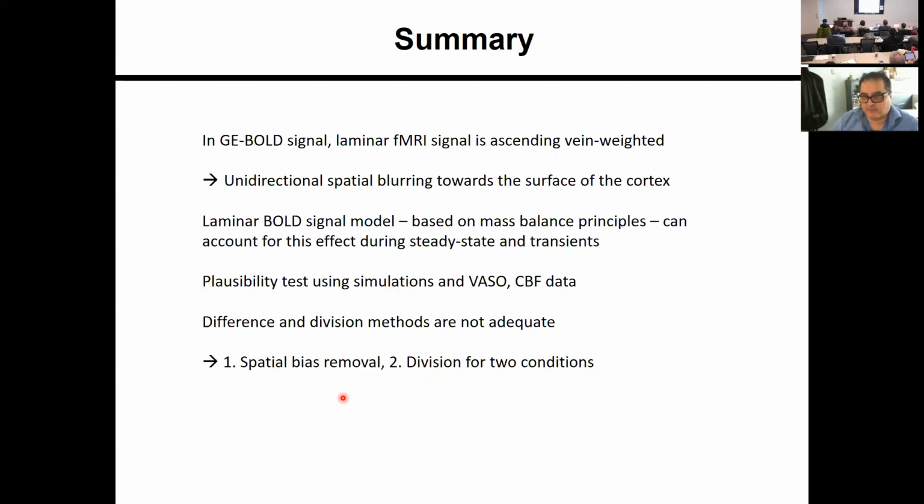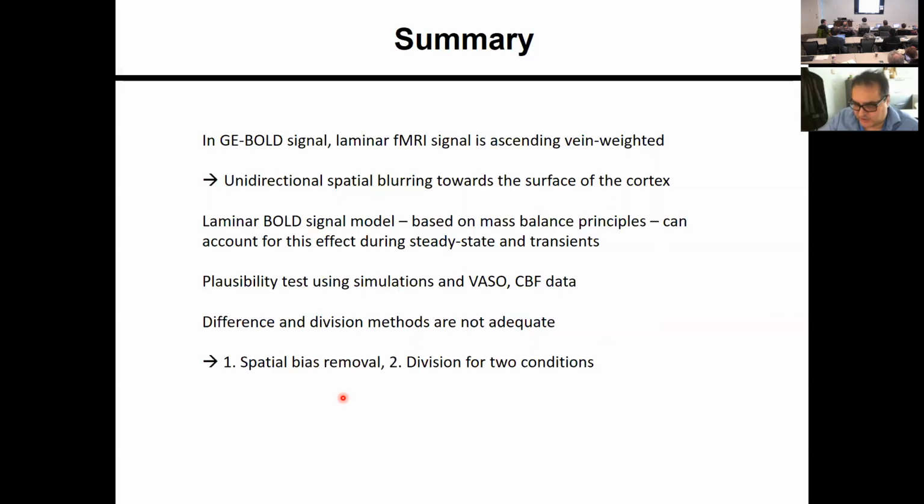I have a question. How do you consider the vein size difference in the different layers? Can you repeat? Can you speak a little bit louder, please? So how do you consider the difference of the vein size in the different layers? Yeah, we have this factor S, which describes how the blood vessel volume increases towards the surface.